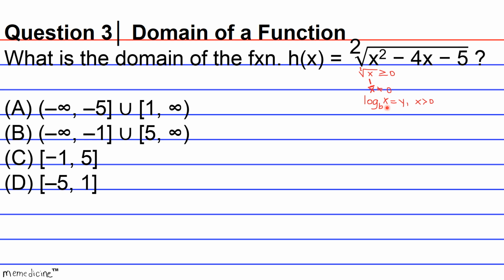When I say argument, I mean what you're taking the log of, which is called an argument, a power, or a result. So the arguments of logs must be greater than 0, okay? Because if you take the log of 0, it is undefined, and if it's less than 0, the log of a negative number is imaginary.